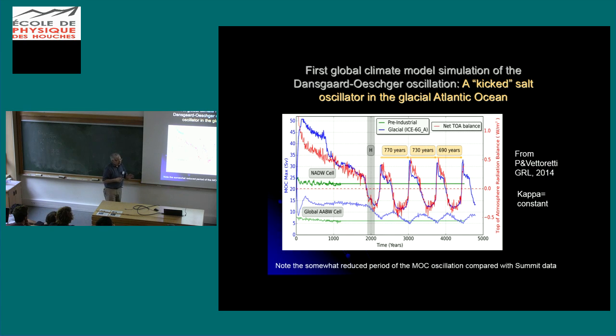So what we did, we started using modern Levitus data for the internal temperature structure of the ocean, assumed the ocean wasn't moving, assumed the atmosphere was also at rest, and spun up the system from initial conditions.